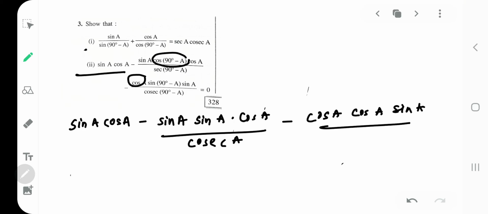For cosec 90 minus A, I'll prefer to write sec A. Got? So it will be sin A cos A minus sin square A cos A.